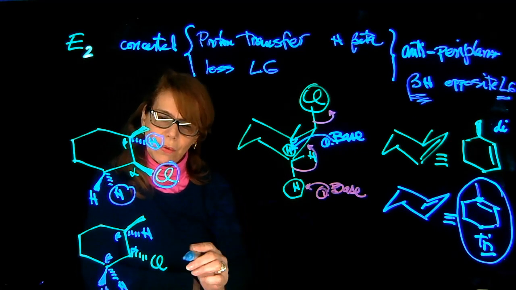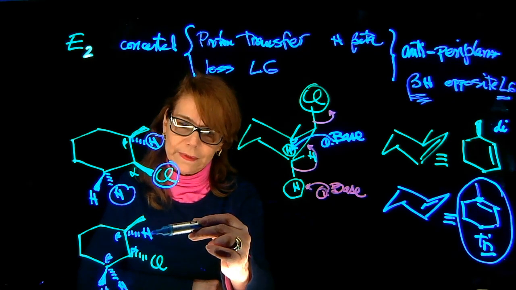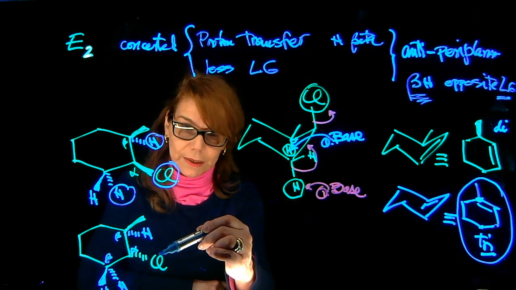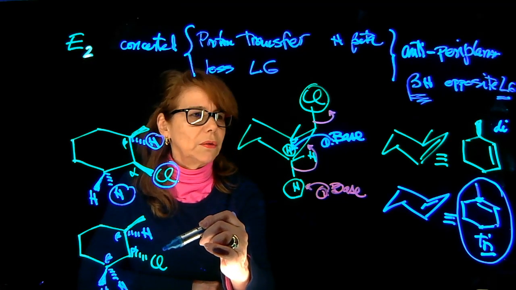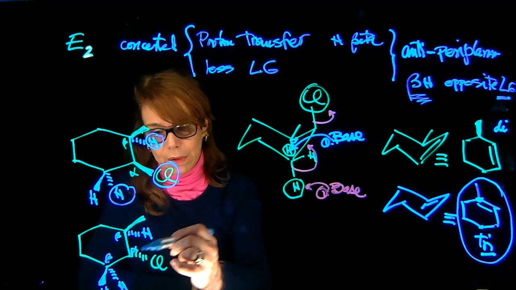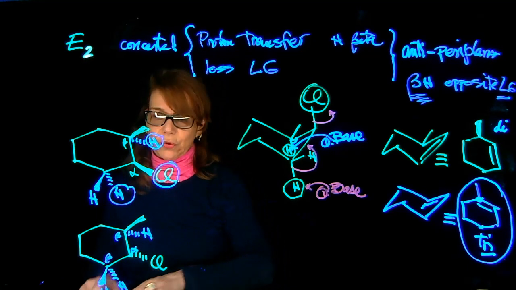What we see is that the beta hydrogen and the chlorine are not anti. They are pointing to the same side, so we cannot do an elimination here, but on this side we can. So this can only give you one product.